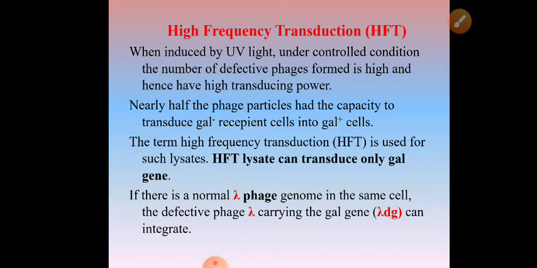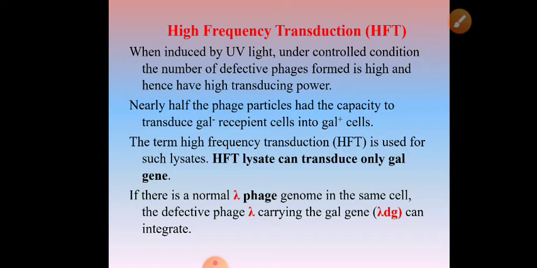Under controlled condition we can expose it to UV light, and the number of defective phages formed will be very high and hence have high transducing power. Nearly half of the lambda phage particles, 50% of the phage particles, have the capacity to transduce gal minus cells into gal plus cells. If your cell is deficient in the beta galactosidase gene, and if it is infected with lambda D gal, the gal minus cell will be converted into a gal plus cell.